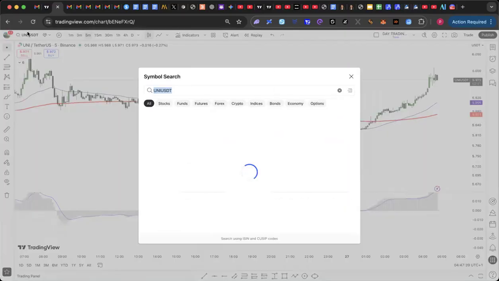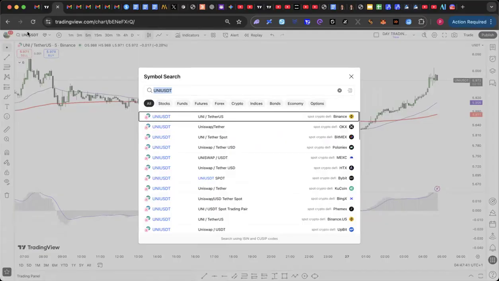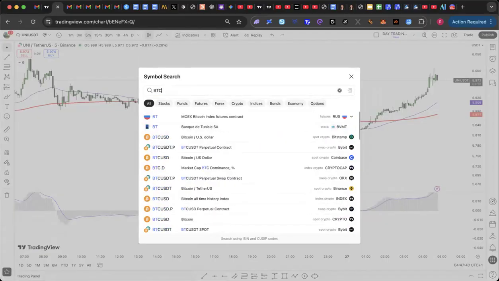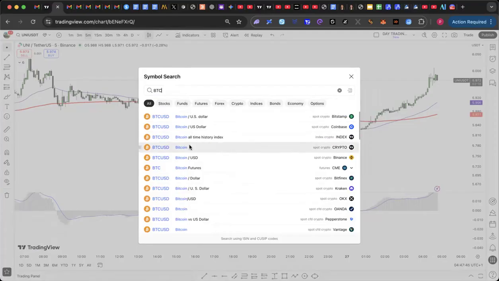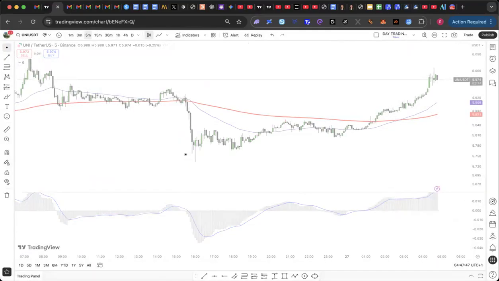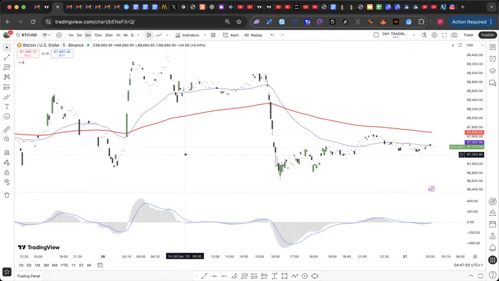Okay. Let's see which one. BTC. You can see BTC now, it's still going to sell. All right, so it's very, very simple to use.